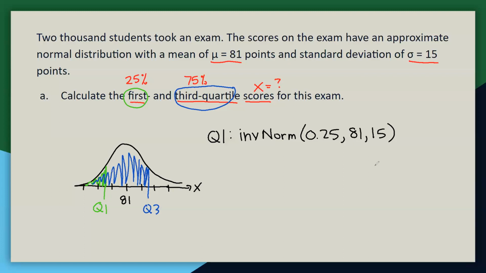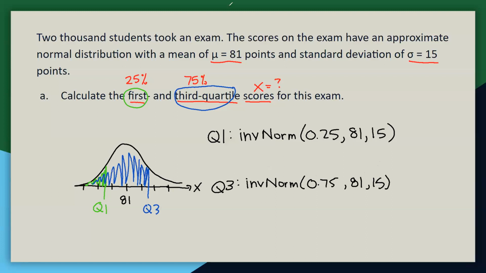If you're on GeoGebra, remember it's going to reverse those. It's going to want the 81 and 15 first. And then for Q3, it's going to look almost identical. Inverse norm, and then 0.75, 81, 15.